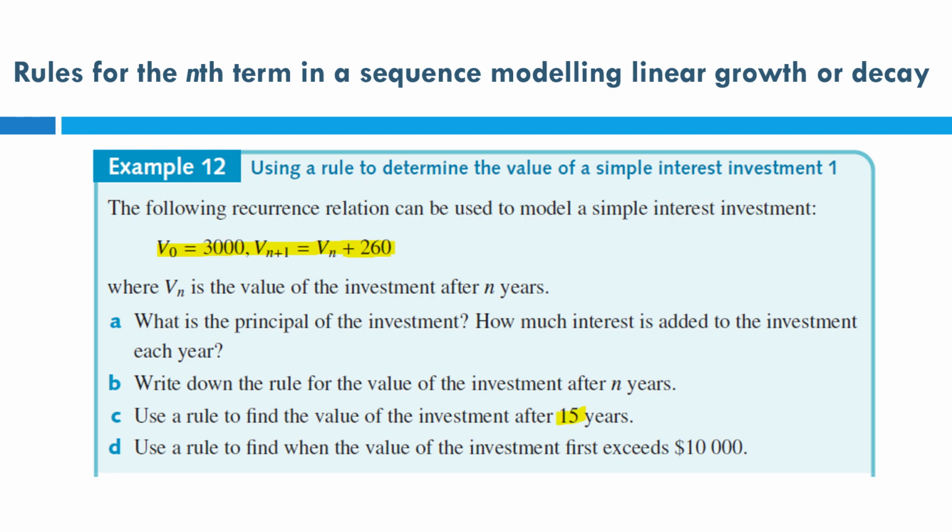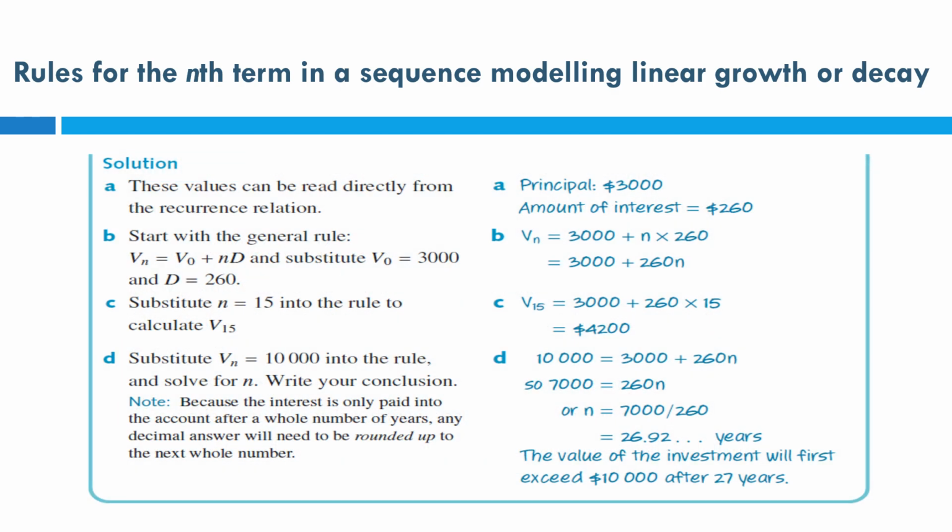Now, so that we don't have to do that, we have to establish our rule in part B. And effectively what we're doing there is saying Vn is equal to V0, which in this case is 3,000 for us, plus n times 260, because we're going to be paying 260 each time, or that's the interest that's been earned each time. So our rule there is Vn is equal to 3,000 plus 260n, because we normally put the number in front of the variable.